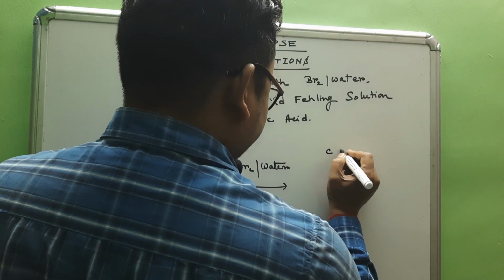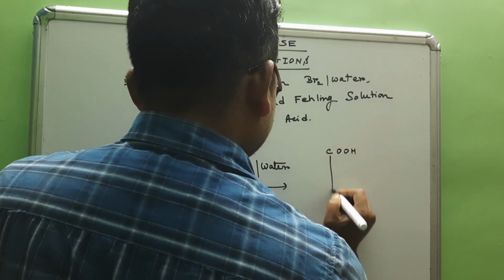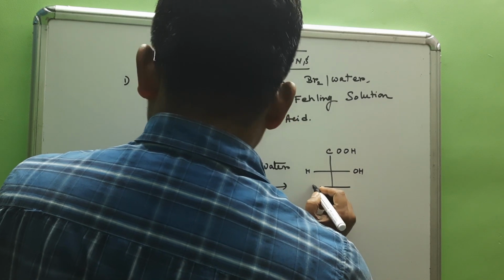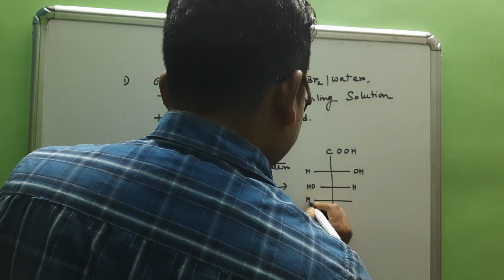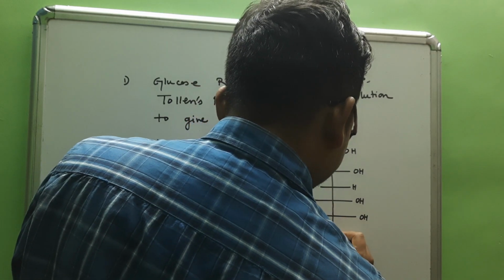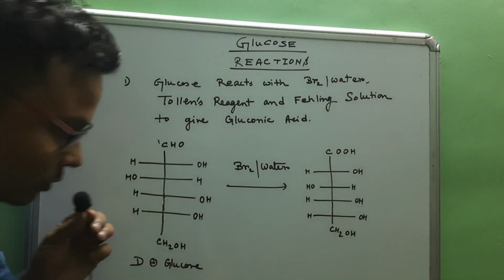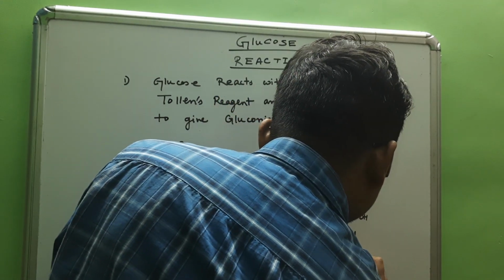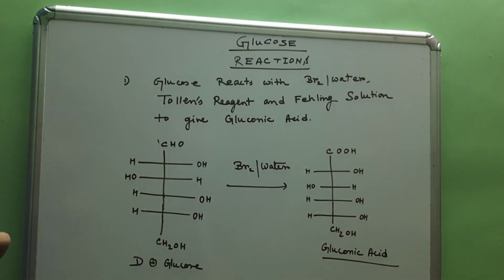The first carbon atom, the aldehydic group, becomes a carboxylic acid group. The rest of the portion remains the same. Only the aldehydic functional group has changed. So this is gluconic acid.